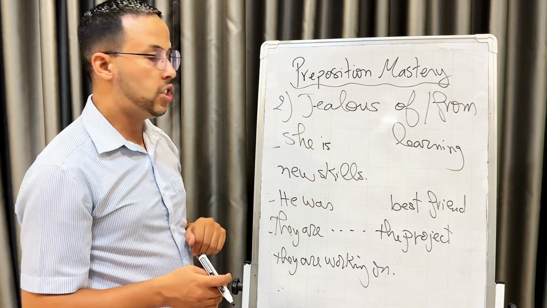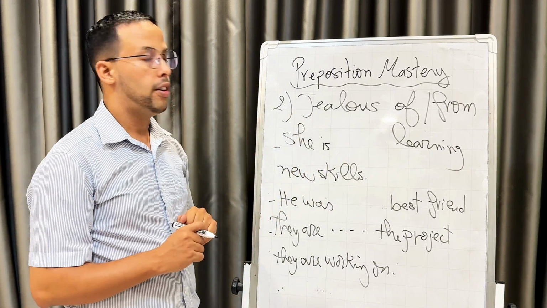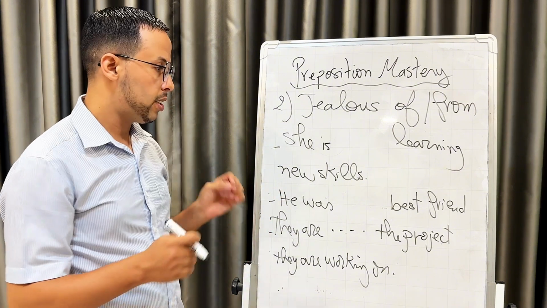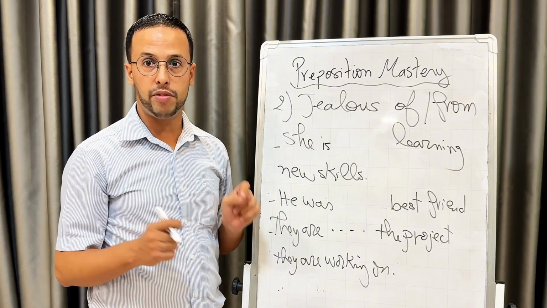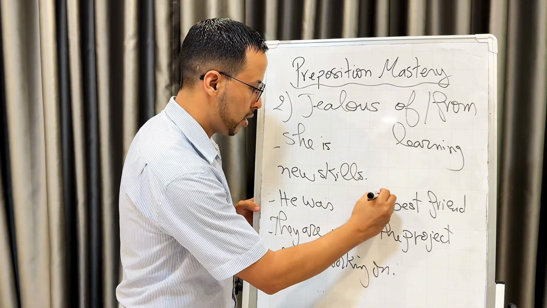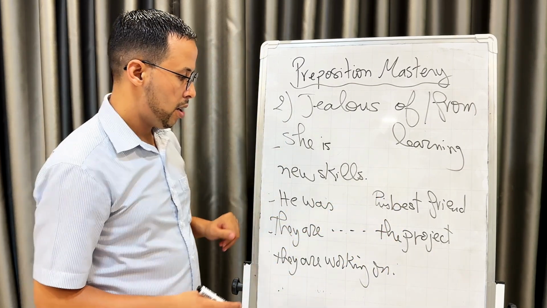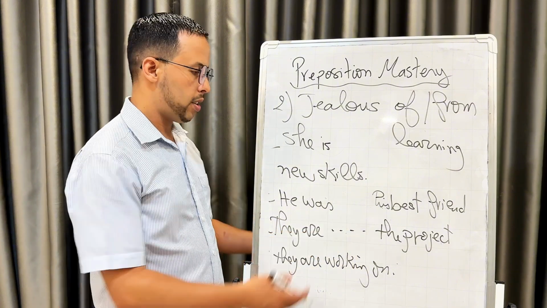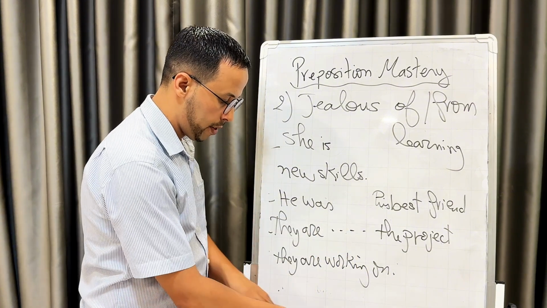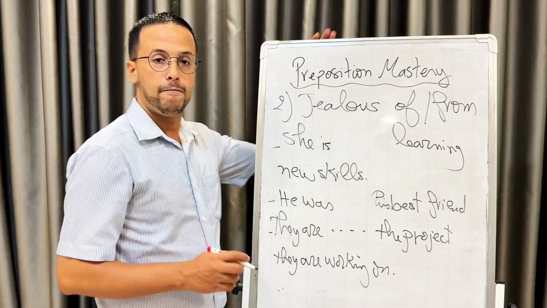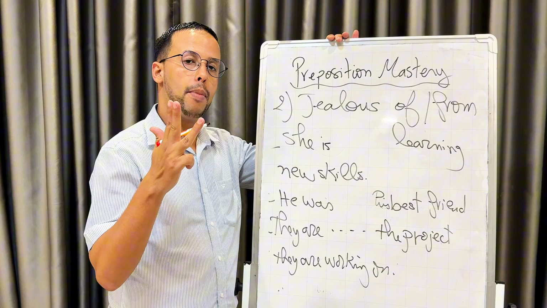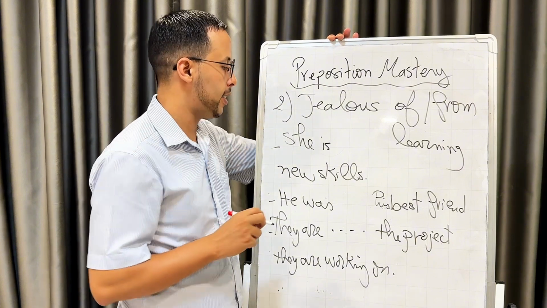She is jealous of or jealous from. He was jealous of his best friend. They are jealous of or from the project they are working on. All right, I'll give you time. One, two, three, four, five. All right, okay, time is up.